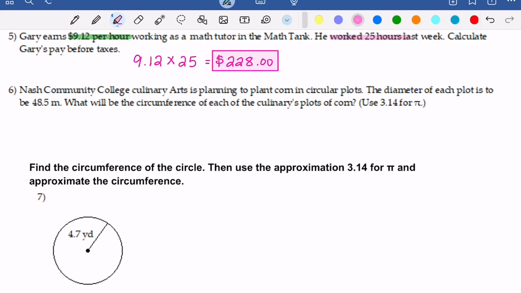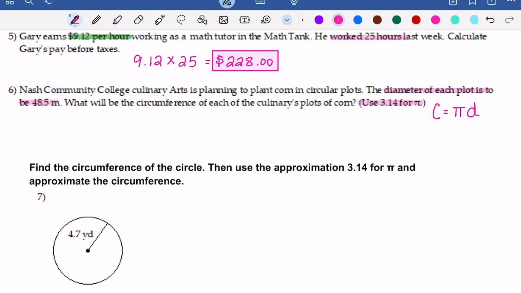Okay, so it tells us that we're finding the circumference. So the circumference formula is pi times diameter. And it says that the diameter of each plot is 48.5 meters. And then it also tells us to use 3.14 for pi.